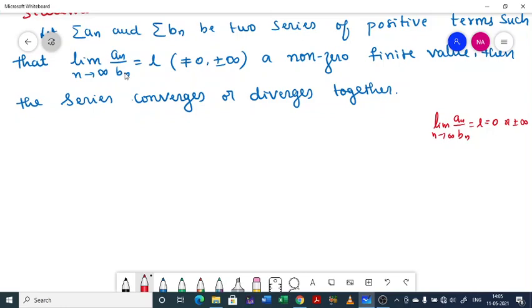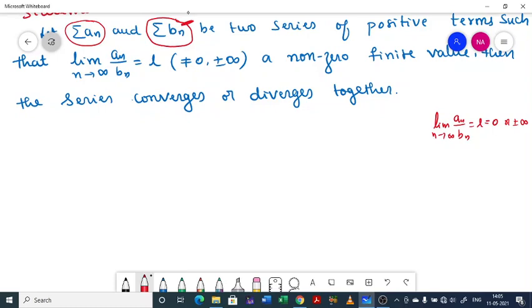That's all. So we have to take two series. The series an will be given, and this is the given series. You have to choose another series, summation bn, such that the nature of this series is known.